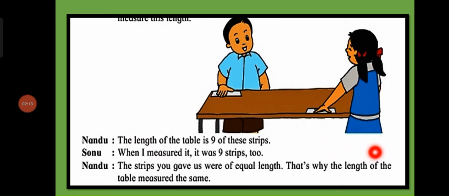That's why the length of the table measures the same. So children, when Tai gave them equal length strips, when they measure with them, the length of the table comes the same, 9.